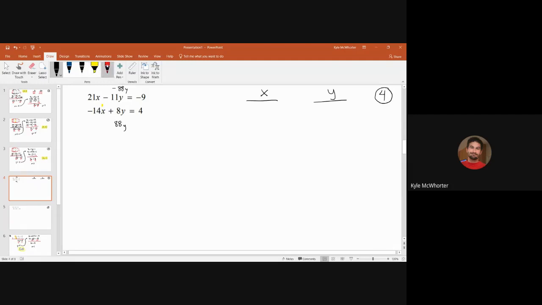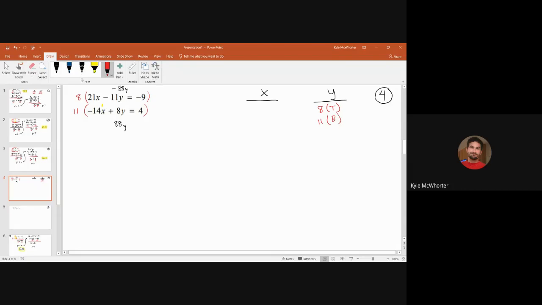So I'd be multiplying the top equation by 8 and the bottom equation by 11. So to get rid of y, that would be 8 times the top and 11 times the bottom.